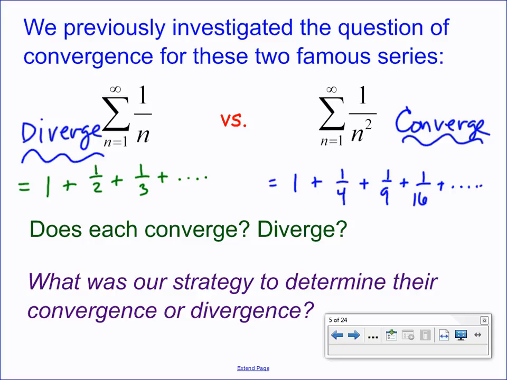Yes. We recognized that these terms were all positive, but they were decreasing, and the limit of the nth term did go to 0 as n went to infinity. So we modeled the behavior of this series with a continuous function defined for all real x inputs, as opposed to a series whose domain is the counting numbers.